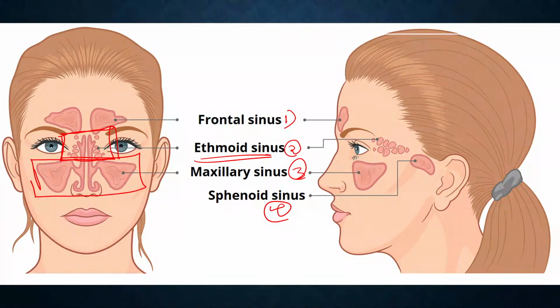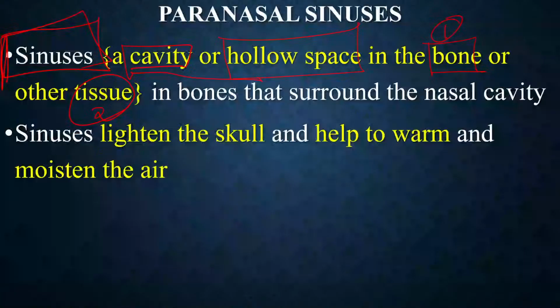So these particular openings, they're in the bones and they're called sinuses. And how are they clinically significant in relation to diagnosing a disease? You'll always feel like your nose is blocked. And when you feel that, then the sinus is affected. They should always be hollow.